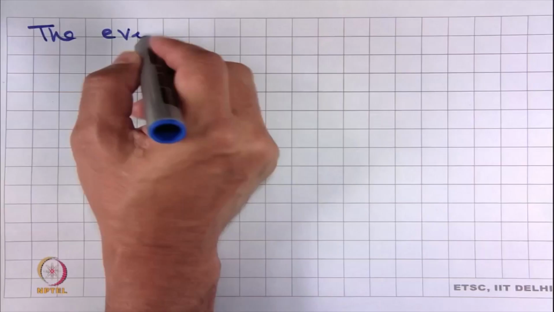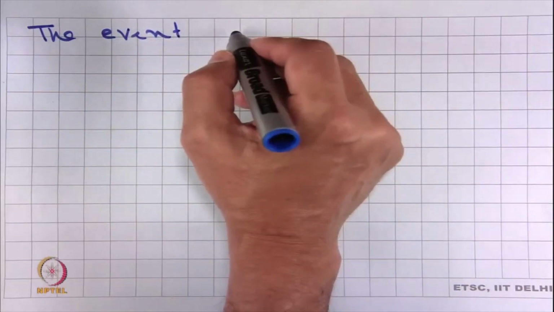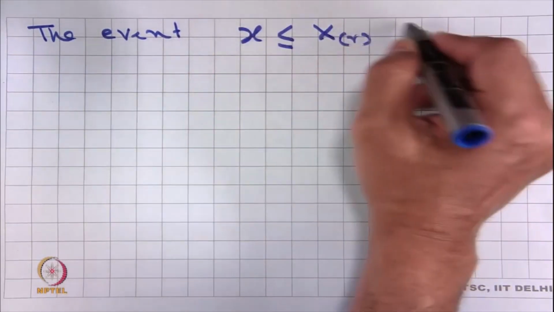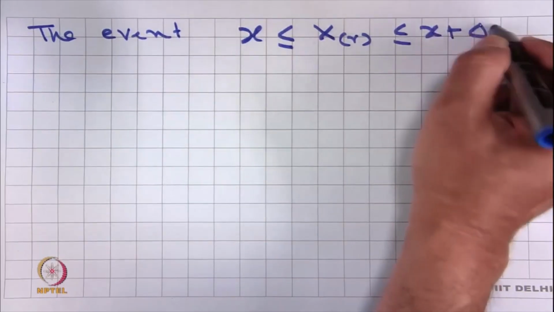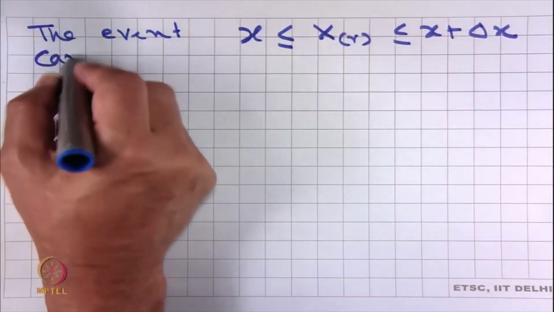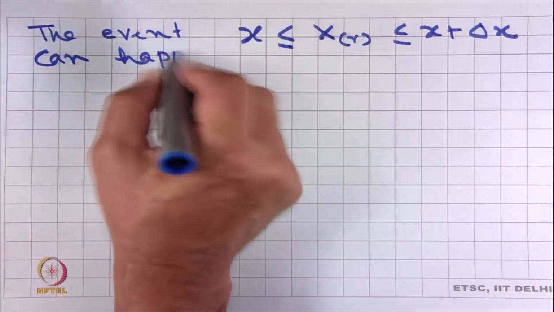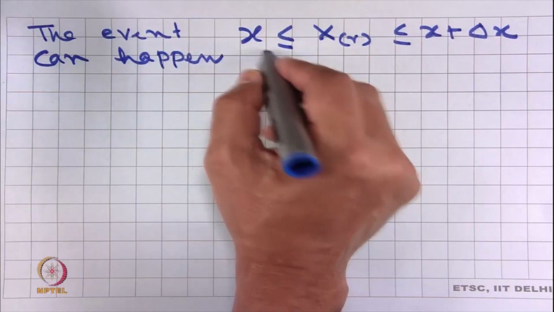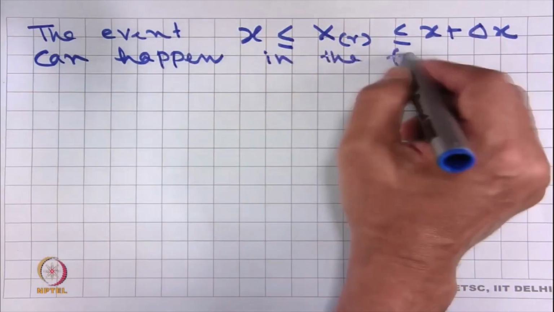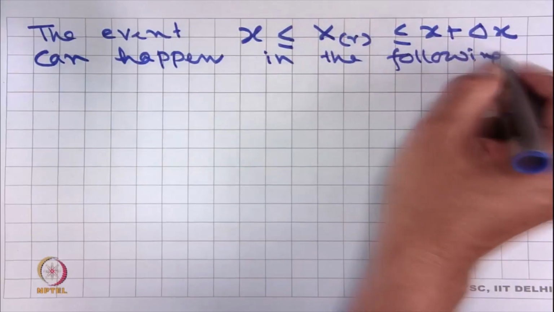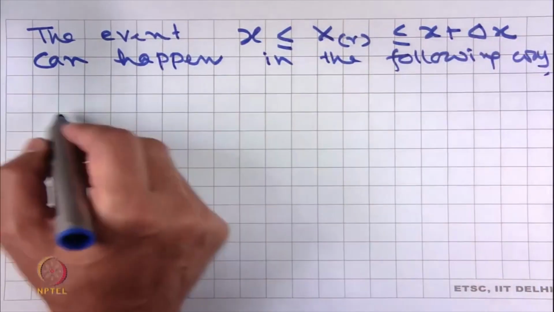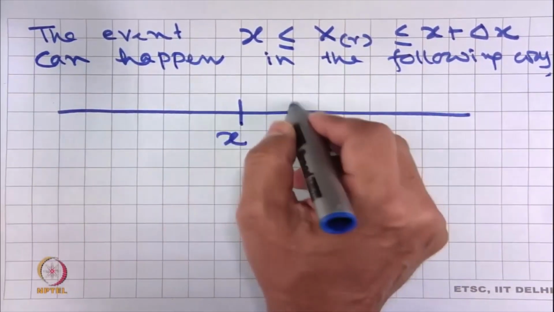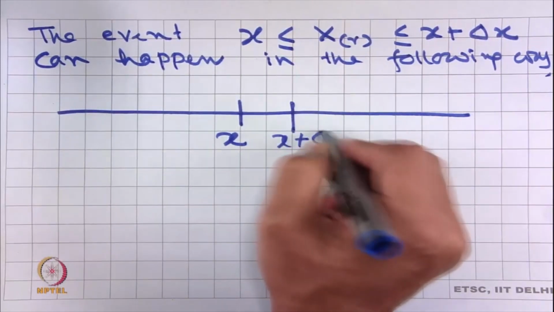The event x less than or equal to X_r less than or equal to x plus delta x can happen in the following way. Suppose this is my interval, this is x, this is x plus delta x.